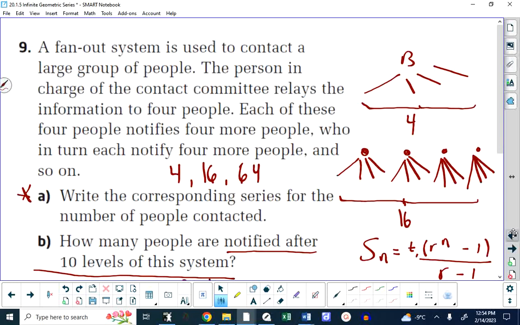Do you consider the boss to be a level? I don't know. So in my mind, and I'm feeling the textbook and I are going to diverge on this, you would be finding S11 here. And what you would discover is it would be the answer we got using 4 as the first term plus 1, the boss. I don't consider the boss to be a level. Even if we consider him to be contacted, I consider a level to be going from one to the other. So it's very ambiguous here.